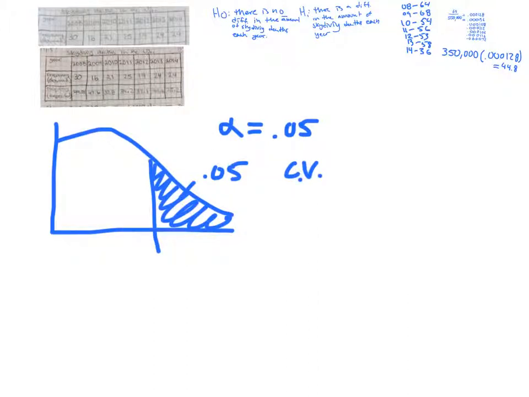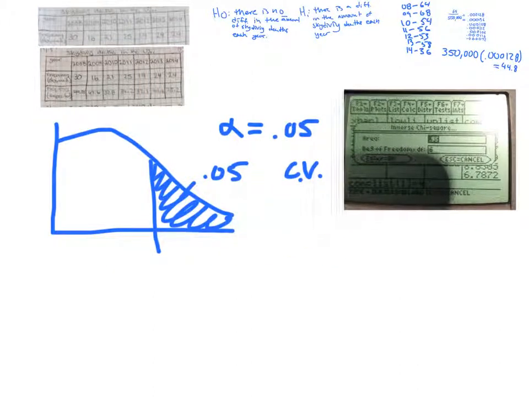And to do that, you go to inverse on your calculator, and it'll be inverse chi-squared. That'll look like this. So you put in 0.95 for the area, and the degrees of freedom are 6 because we are testing 7 different years, and it's n minus 1.